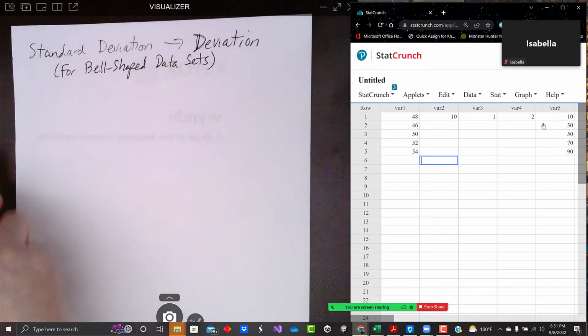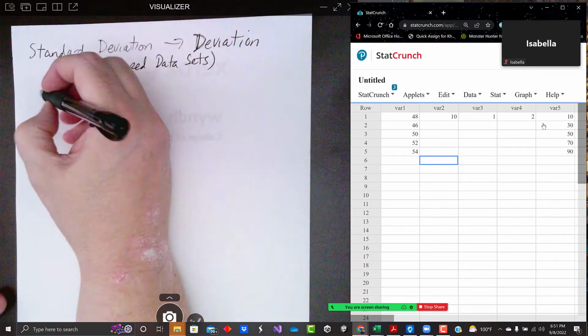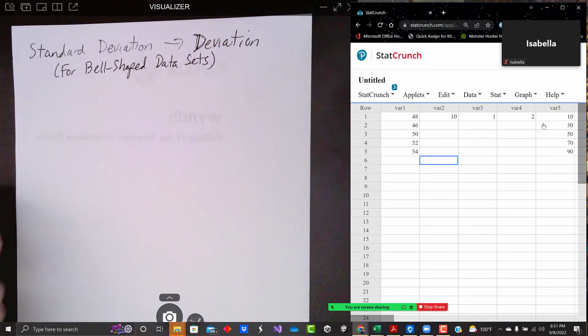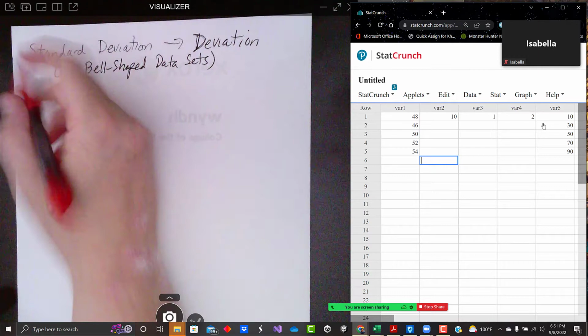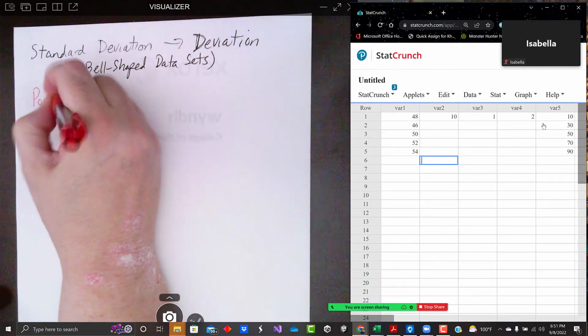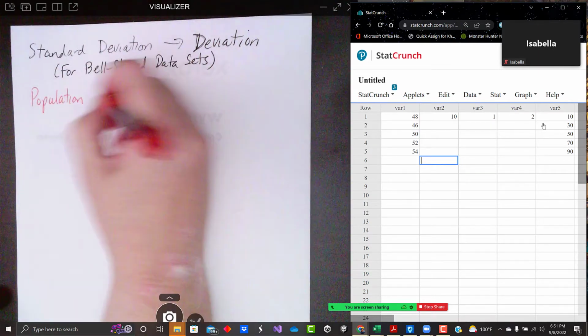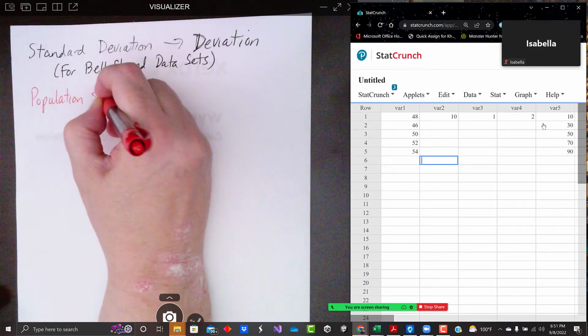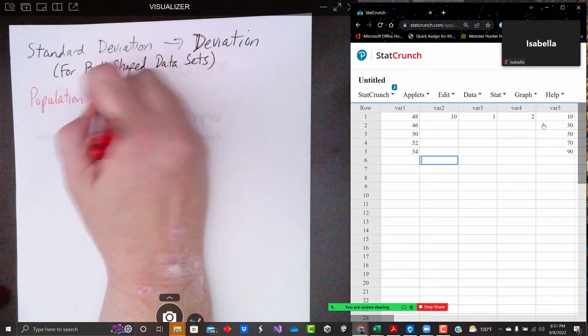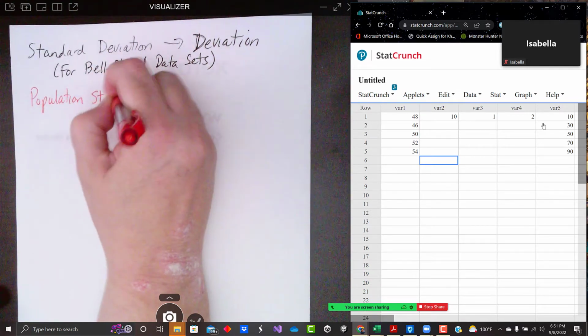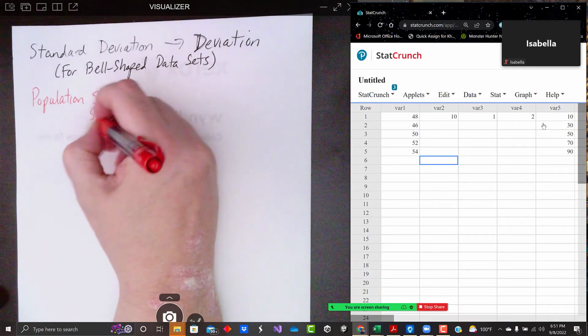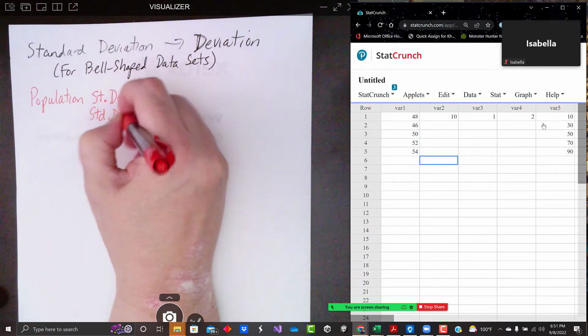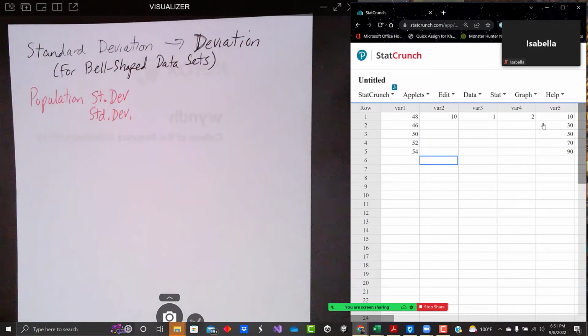And it's different between populations and between samples. So the population standard deviation, you will see me abbreviate it as that. You might see me say that using 3 letters.